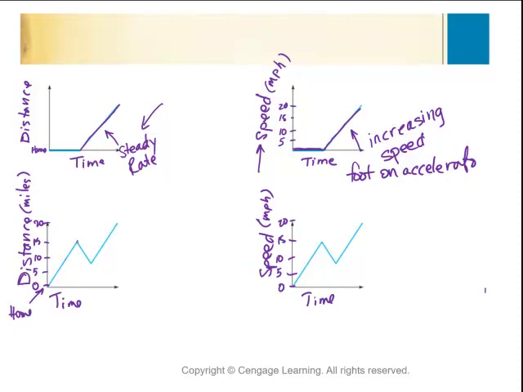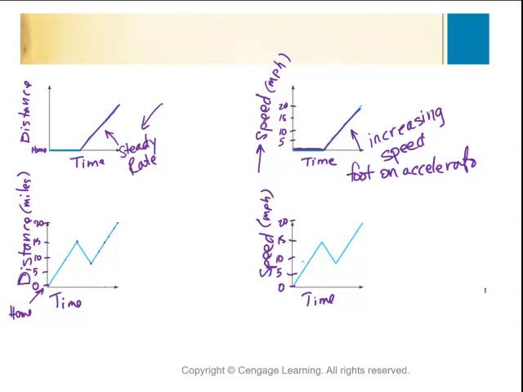It looks like I'm about 7 miles away from home, going back towards home at a steady rate, and now I'm going further away from home at a steady rate. All of these things are a steady rate or constant velocity or speed.